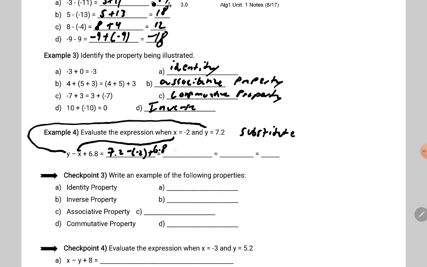So we see 2 minuses there, so 7.2 plus 2 plus 6.8. So we have 9.2 plus 6.8, which is 16.